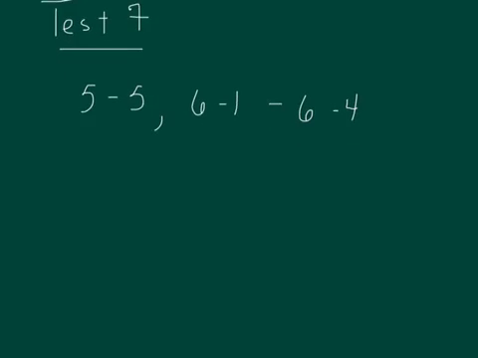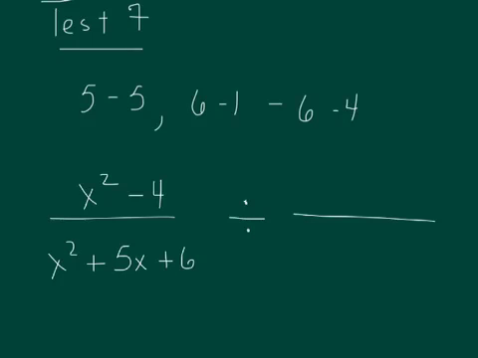Let's say, for example, that we have x squared minus 4 over x squared plus 5x plus 6, divided by x squared plus 4x minus 12 over x squared plus 3x. Okay?